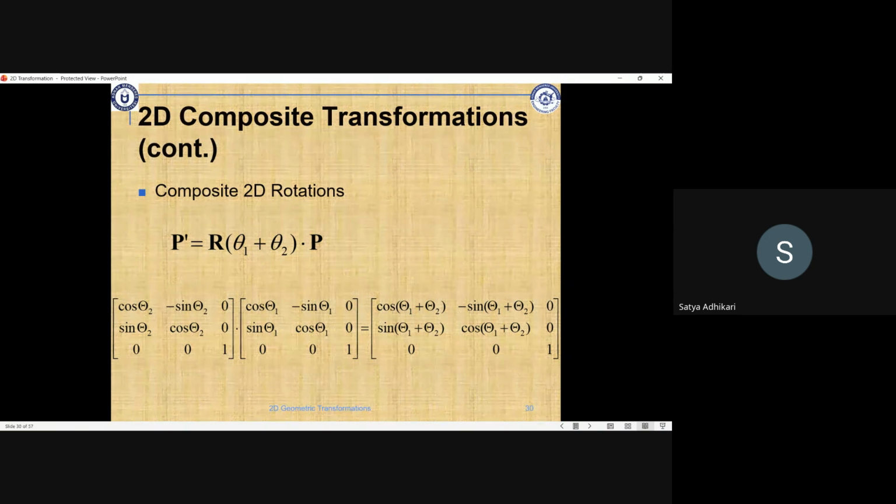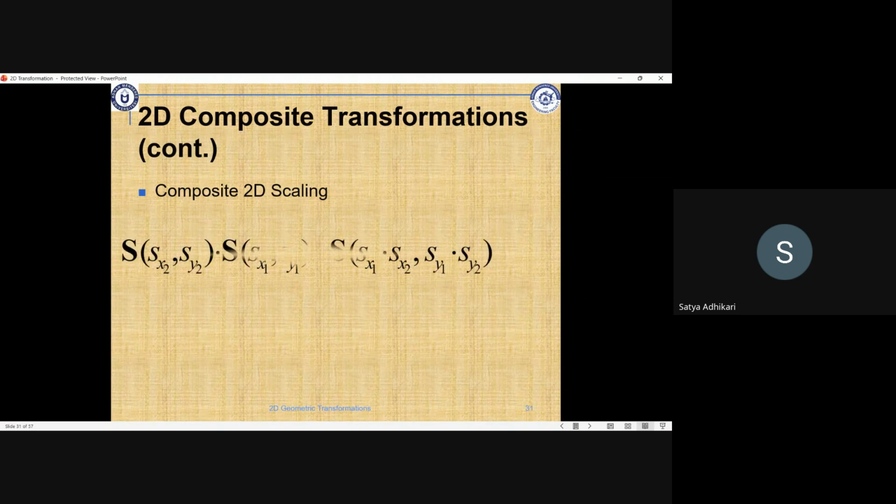Suppose theta 2 is 40 and theta 1 is 30. So 40 plus 30 is added, theta 1 plus theta 2 becomes 70. So here you have to rotate 70 degrees. So this is your composite transformation, successive two rotations: first theta 1, then theta 2.